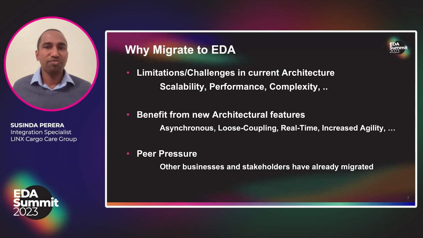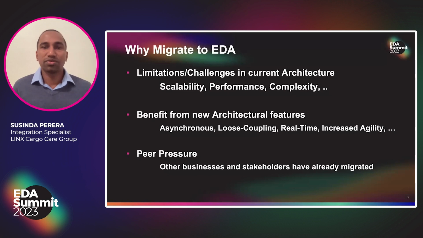Okay, so why do we need a tech or architecture migration? Well, the people migration analogy applies here. If we see any issues, limitations, or challenges in the current architecture, we tend to look for a better one. That's normal, I guess, right?